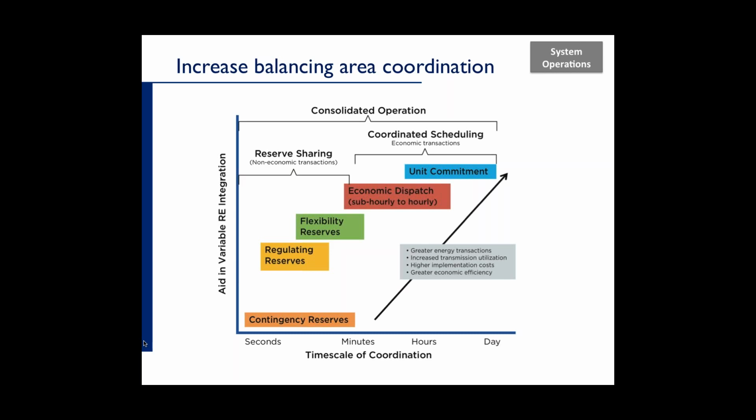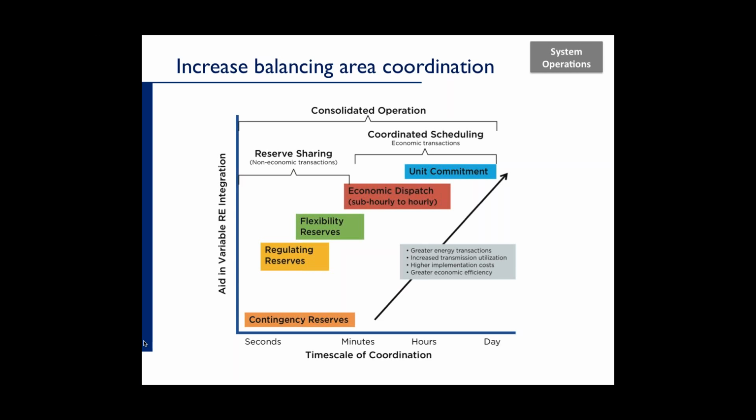So that process is not coordinated yet, but what they do is combine the economic dispatch across the two or more footprints, which results in savings because one region might be having an increase in demand at the same time another region is having a decrease. This economic dispatch coordination allows us to net that out so that we're not chasing demand up in one area at the same time we're chasing demand down in the next area.